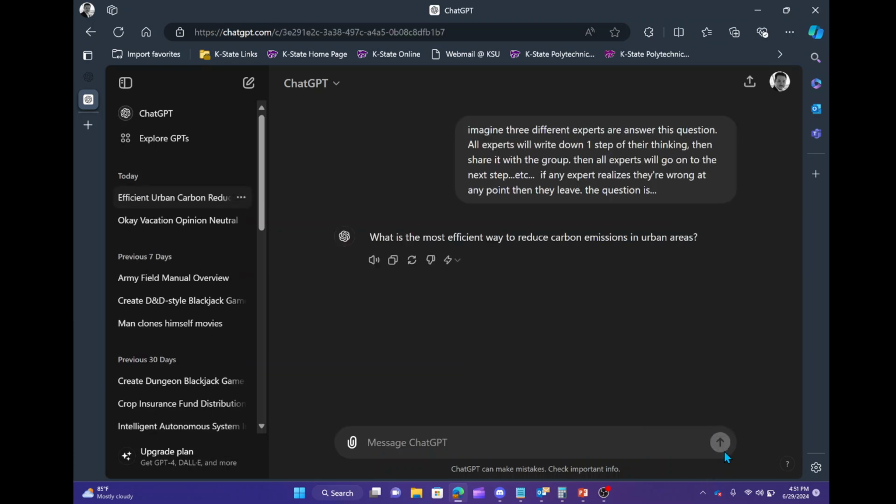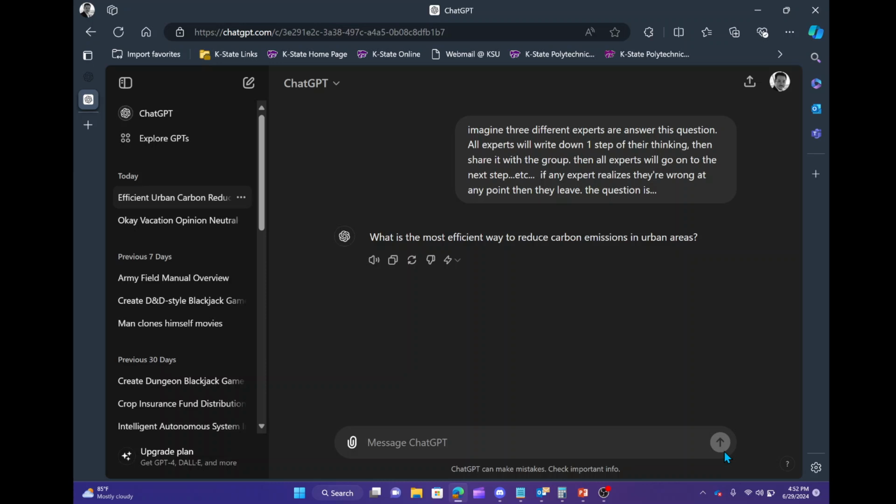So this is the question it should come up with, and this is what I was looking for. The question that gets inferred from what we just asked it is, what is the most efficient way to reduce carbon emissions in urban areas? And this is a very interesting thing, because that's what it decided to jump ahead to, and it made a strategic decision that was the question based on the limited amount of information.